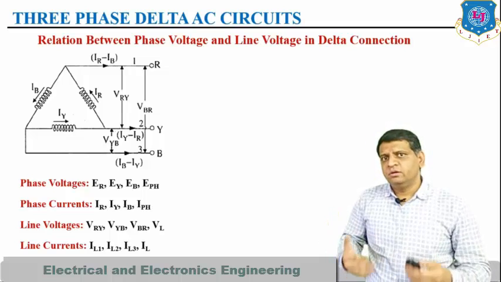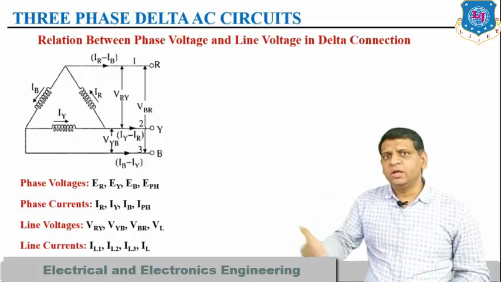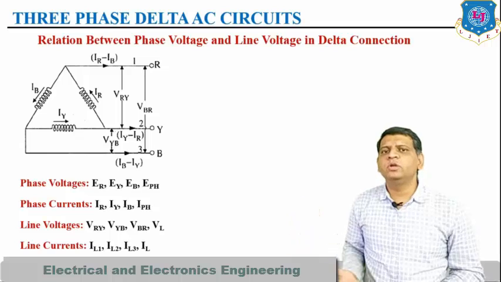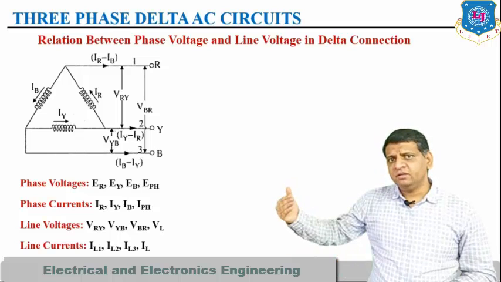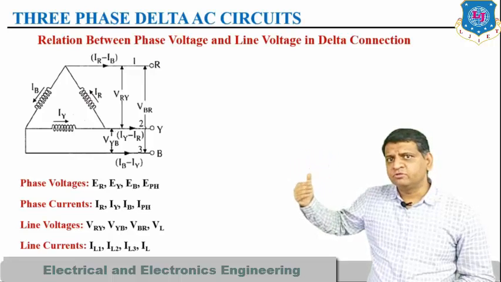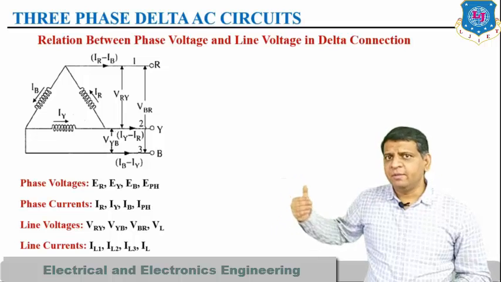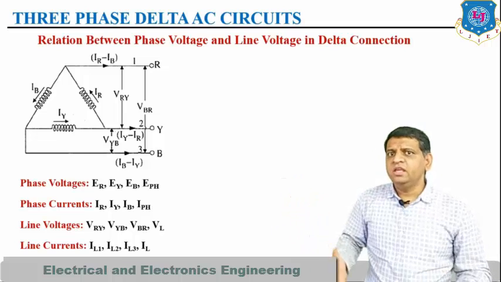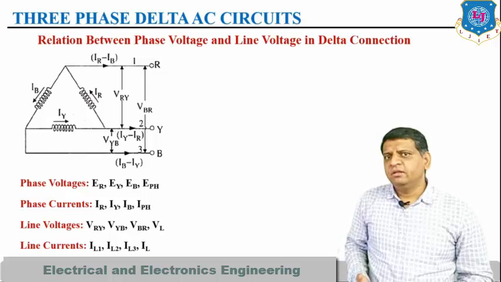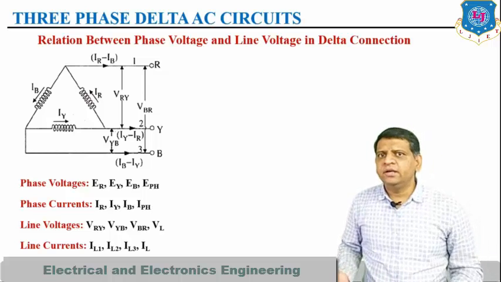The line voltage is defined as the voltage between two lines, or the voltage difference between two lines, which is VRY. This is the voltage difference between phase R and phase Y. So we define VRY, VYB, VBR, and in general it is VL. Same way, the line currents are IL1, IL2, IL3 and in general IL, right.